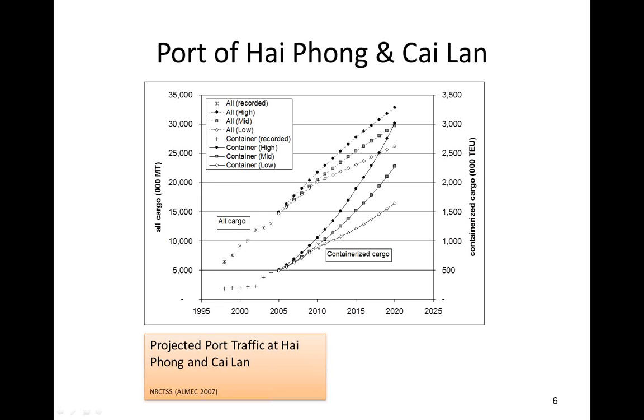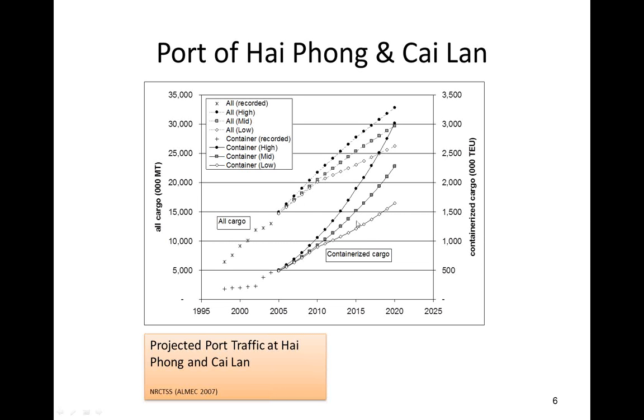Now, this is then useful for us to have a discussion on when do we expand the ports of Hai Phong and Cai Lan. Say, for example, the current capacity is 20 million metric tons per year, with a capacity of, say, 1.5 million TEUs per year at the moment. So this graph would then tell us when we should have the new capacity or even a new port built, such that there's no disruption to the economy.